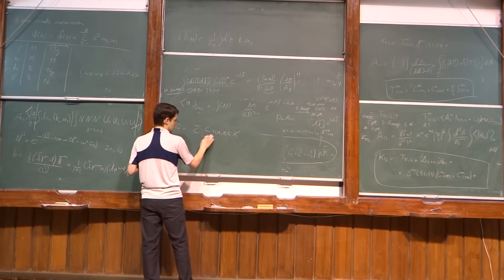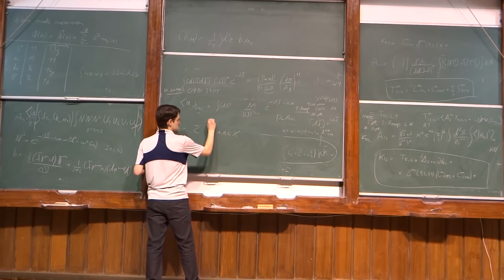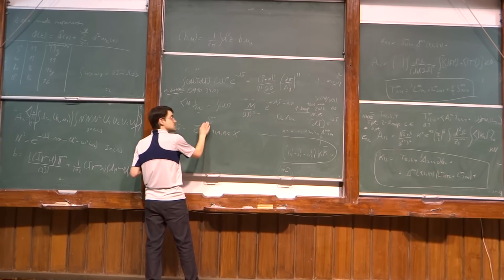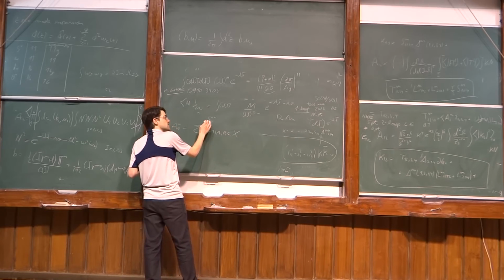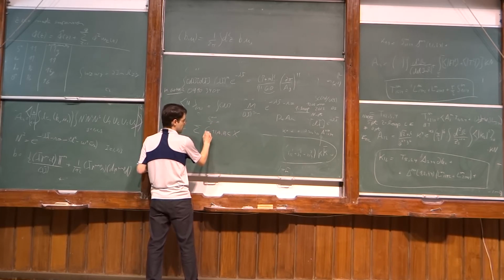And then there is the Stirling number, the unsigned Stirling number of order 3 or something. That's the number of independent BRST invariants.